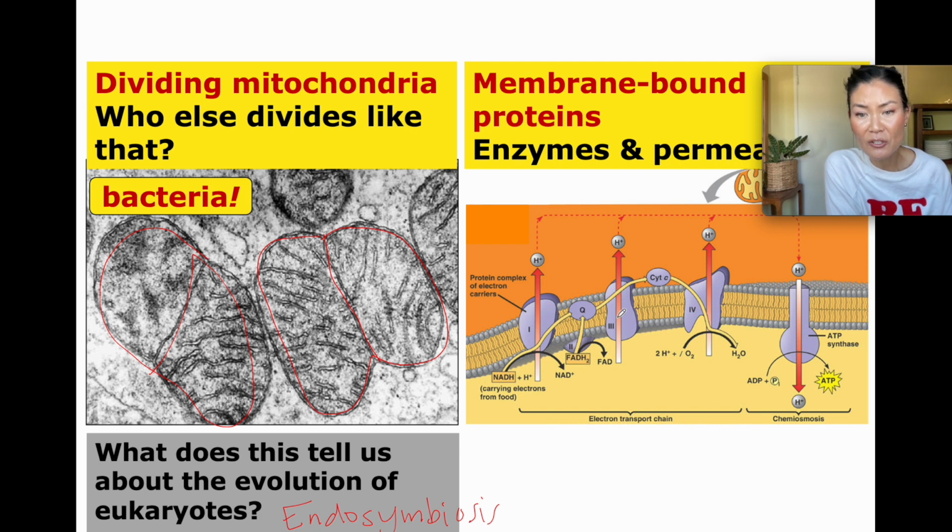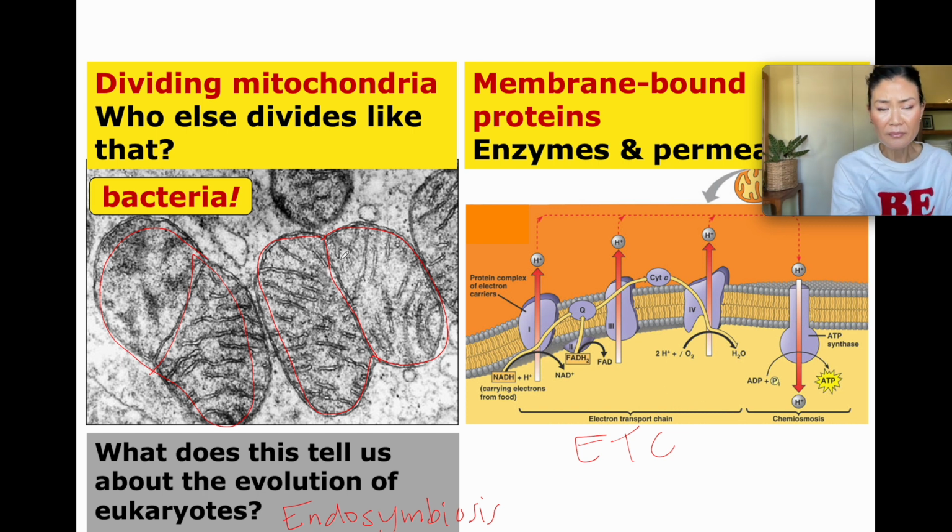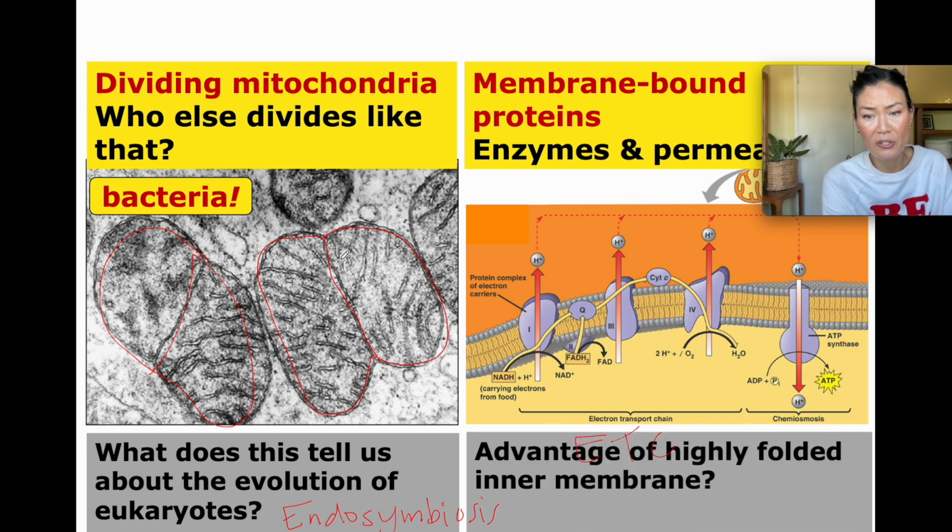This is what we call the electron transport chain, or ETC for short. Within the inner membrane of the mitochondria, you have the electron transport chain because these proteins are going to move electrons through it. We're going to talk about why and how this happens for the purpose of making ATP. So the inner membrane of the mitochondria has the electron transport chain.